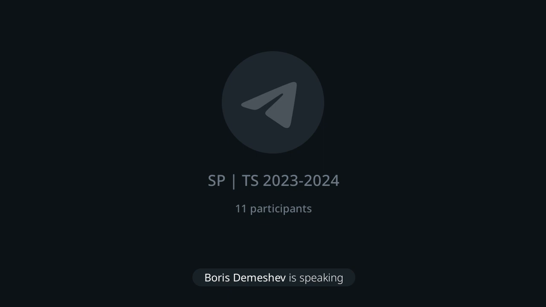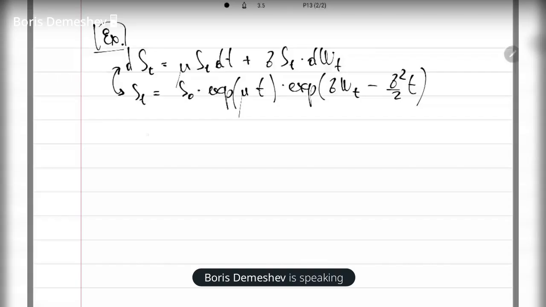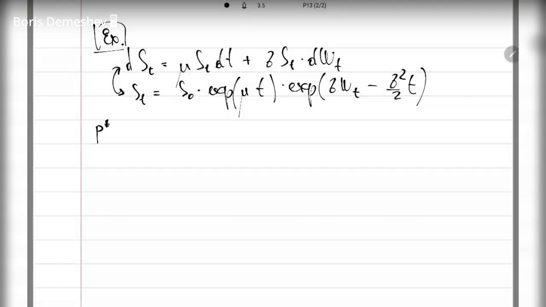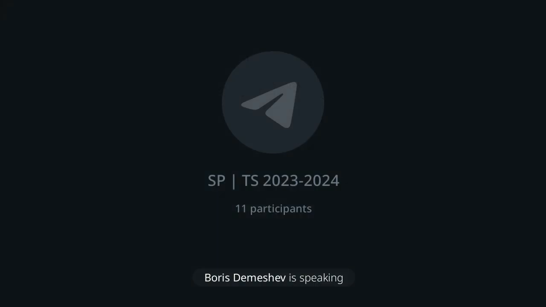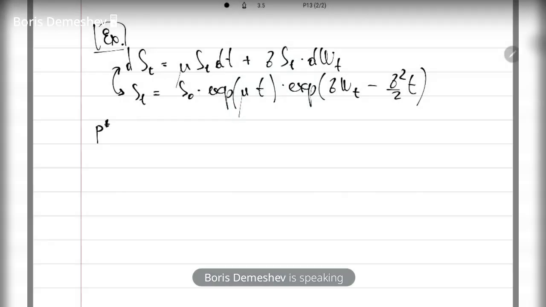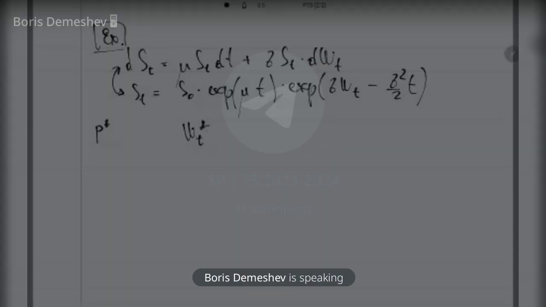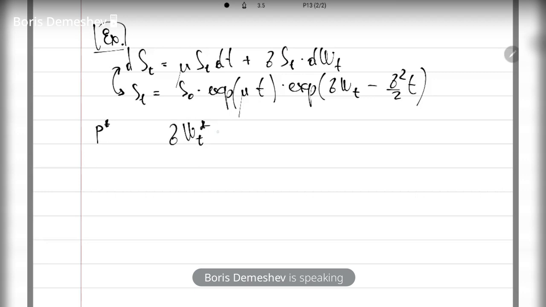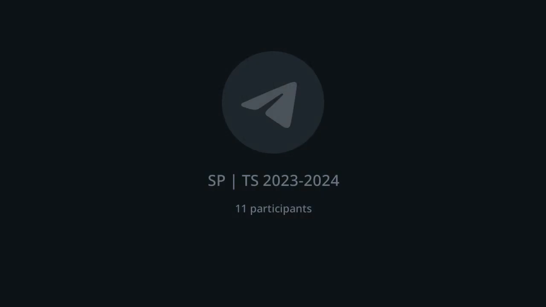Now we say that, okay, they are not martingales under P, and we have invented some other P star such that WT star is defined as follows. We need to add them.